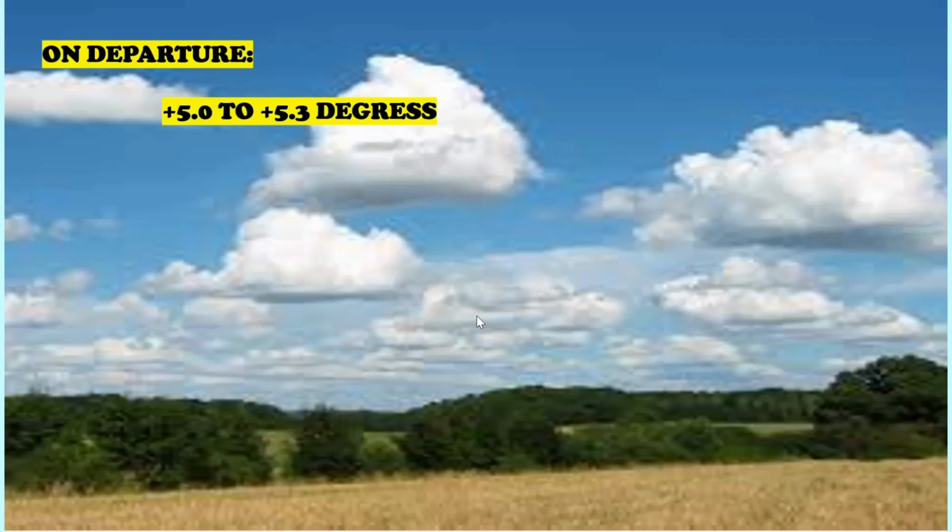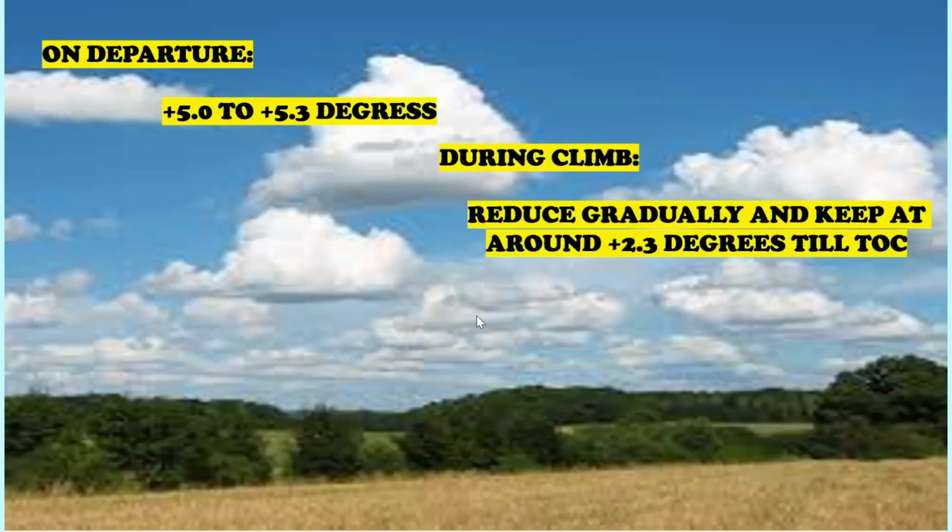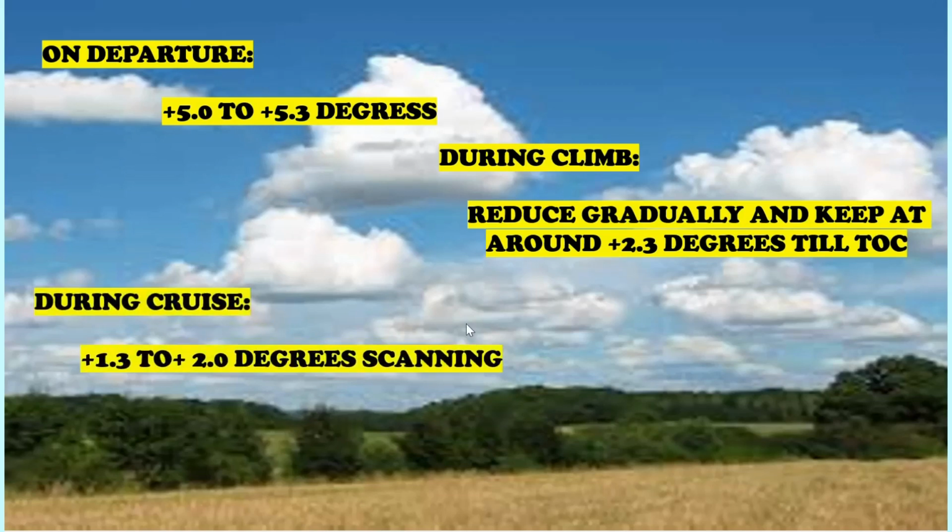During climb, we now start reducing gradually. Just before you reach top of climb, my apologies, top of climb, you can keep it at 2.3 thereabouts. So it gives you a better picture of what's ahead of you. And during cruise, in weather situations, I normally play around with the weather tilt from 1.3 to around 2 degrees to scan around the region, and I'll explain how this works in the cruise.